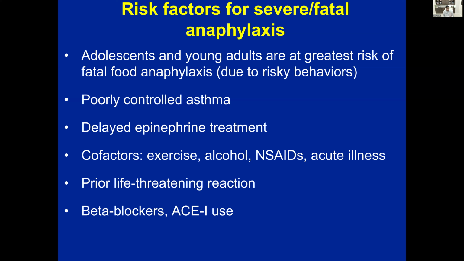By giving the food every day, it upregulates regulatory T cells, which shift the immune response from Th2 to Th1. But it's a temporary effect.